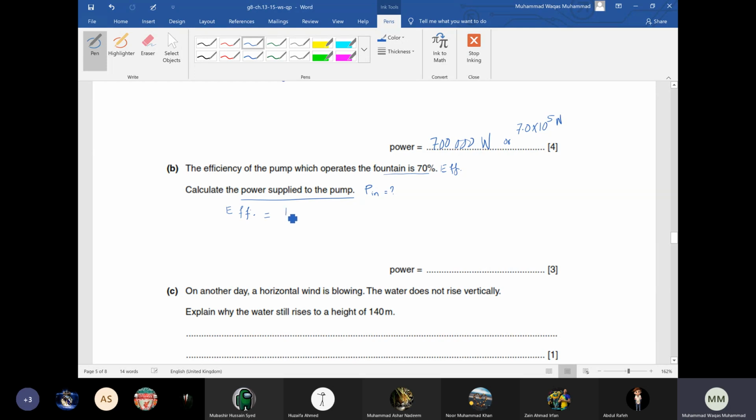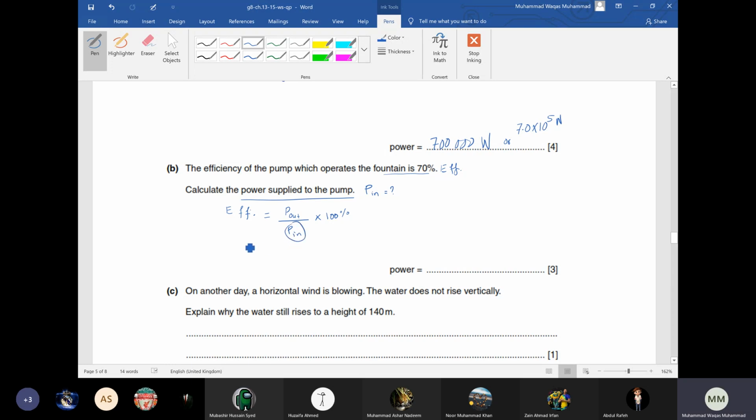So efficiency is equal to power output, P out, over power input times 100%, right? So here we have to calculate power input, right beta?